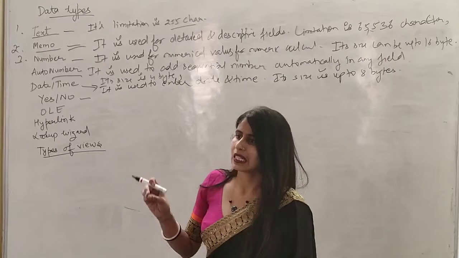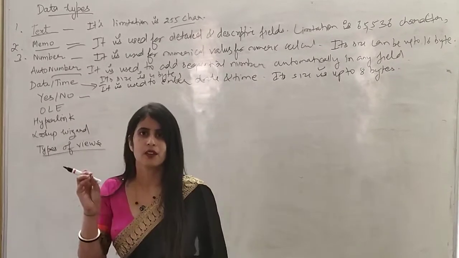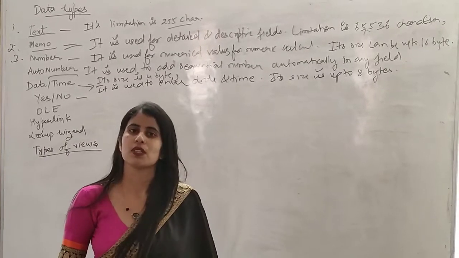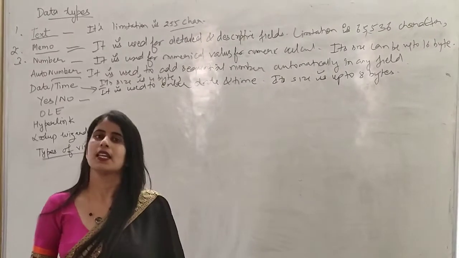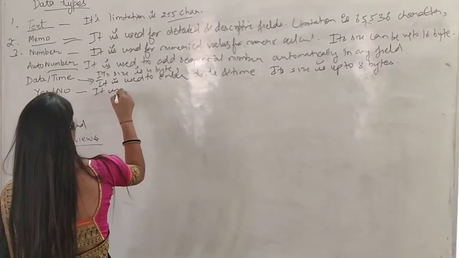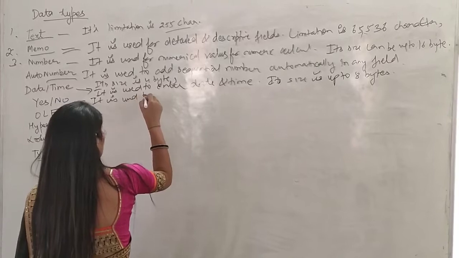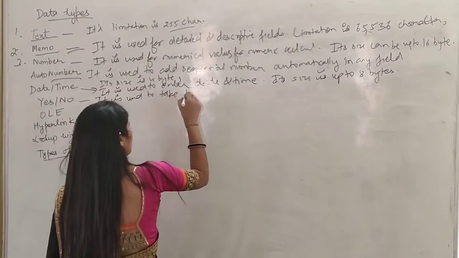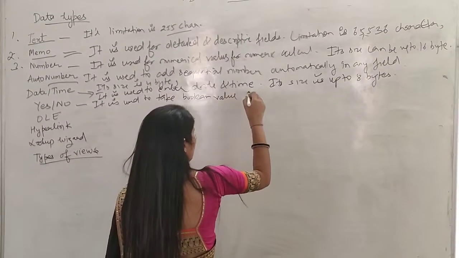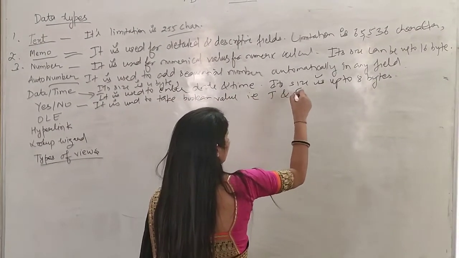To use true and false values, we use the data type that is yes and no. It is used to take Boolean values, that is true and false.